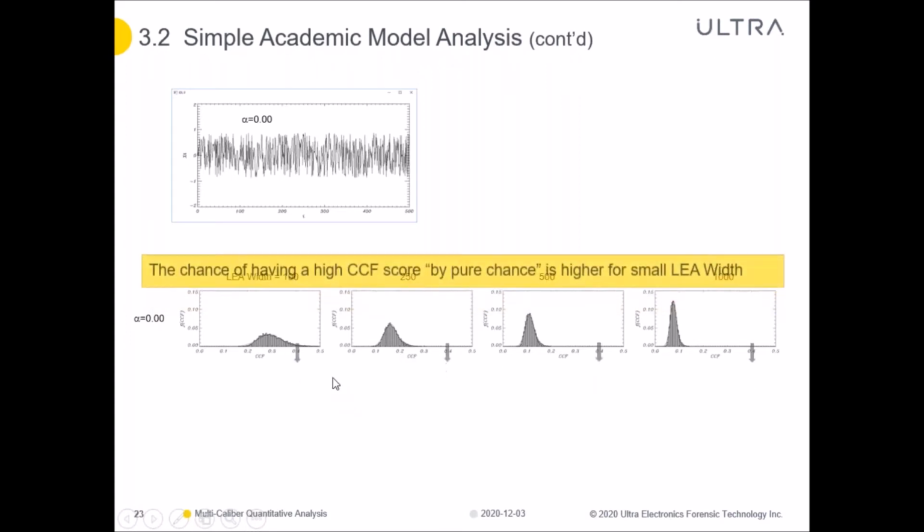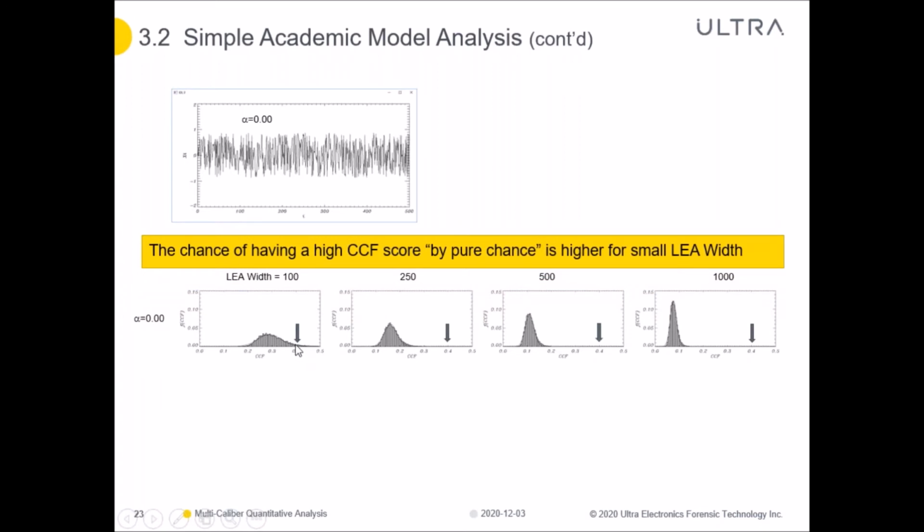If we choose an arbitrary score of 0.4 here, the chance of having a score of 0.4 is not big, but it's not 0. But if we look at 1,000, the chance of having a score of 0.4 is absolutely 0. So the chance of having a high score by pure chance is higher for a small lead width.